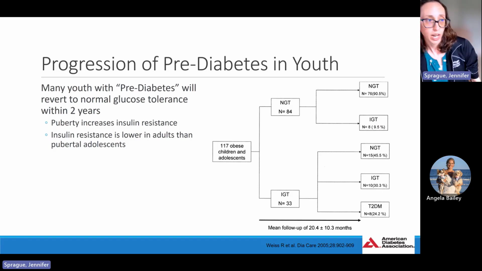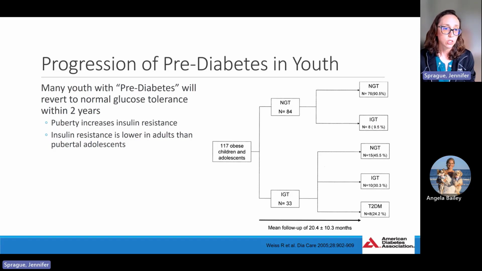So this is a study out of Yale. It was done in their obesity clinic, and they had 117 children who underwent a glucose tolerance test. 33 of those children had impaired glucose tolerance. So after a glucose load, they had a higher number than was acceptable, but it was less than 200.